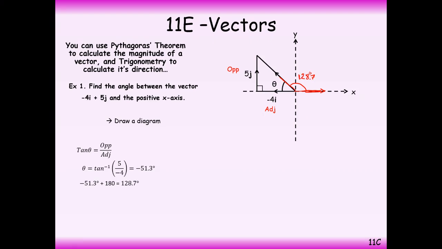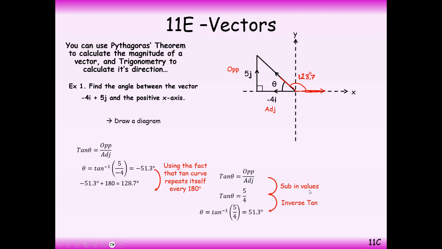Now, there is a longer way of calculating the same answer. If you forgot and didn't use that minus 4 and just went with the positive 4 in the tan, by the way, we added 180 degrees because we know that the tan curve repeats itself every 180 degrees. If you didn't do it the short way, you might have used 5 over 4 and taken tan inverse of 5 over 4. Now 51.3 is an acute angle, and this is the angle in our vector.